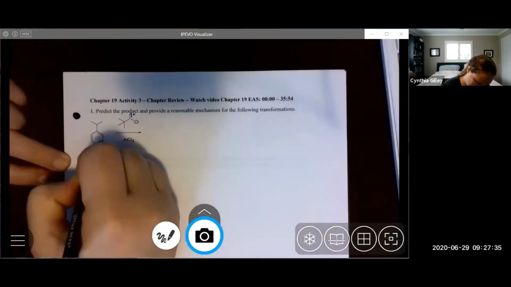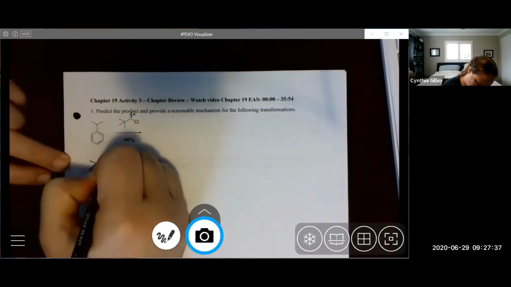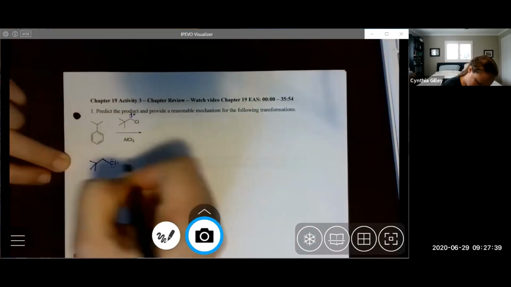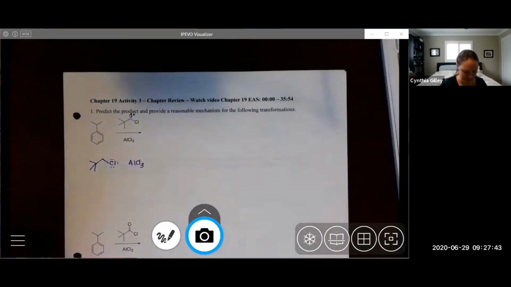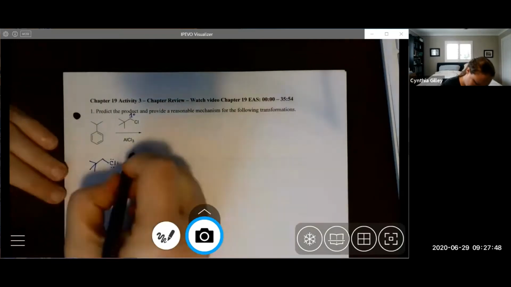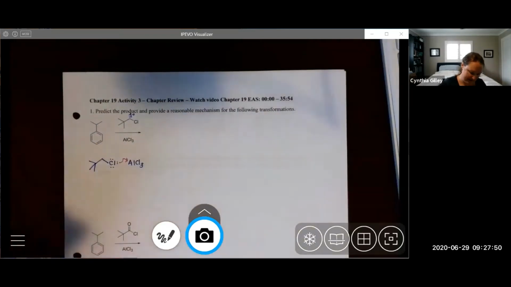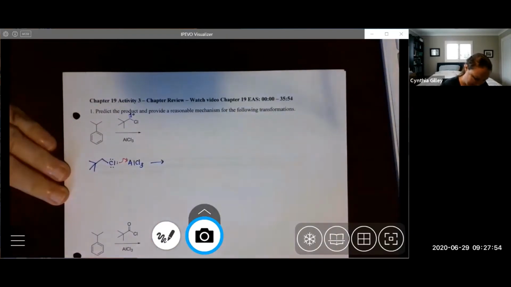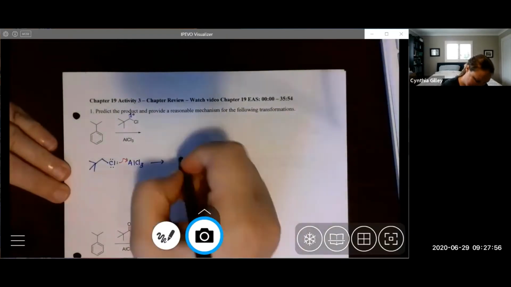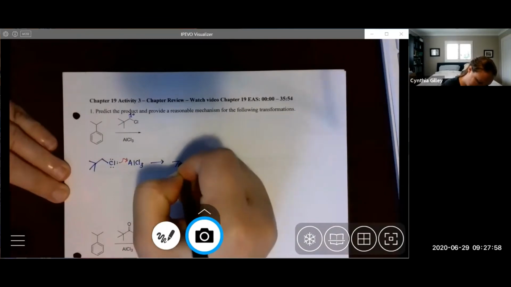So we can redraw the alkyl chloride and the Lewis acid, and then we're going to show a nucleophilic attack. The Lewis acid-base reaction forms the complex that essentially activates the alkyl halide to make it a better electrophile.